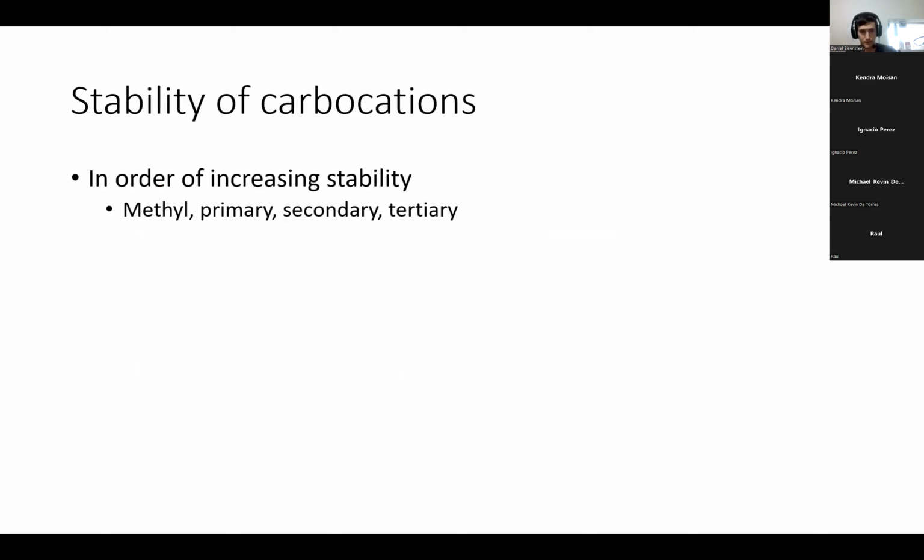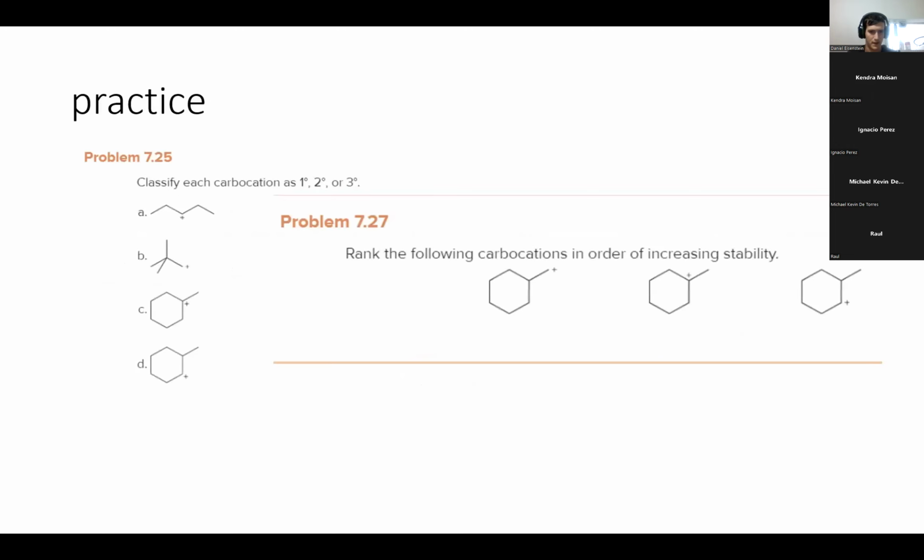So just stability of carbocations, the increase in stability from methyl to tertiary. Just do the big one, 7.27. Just tell me which is the most stable one, left, middle, or right.